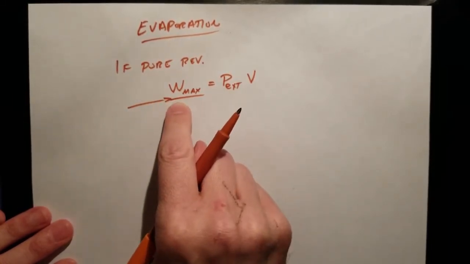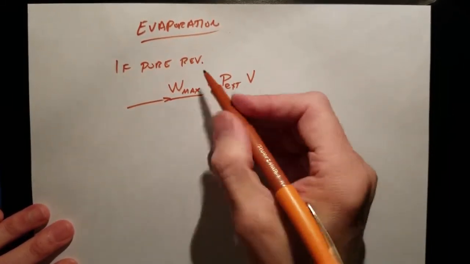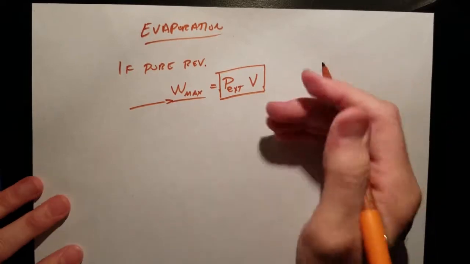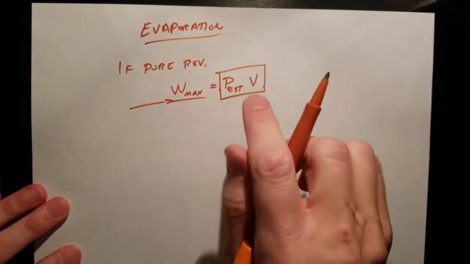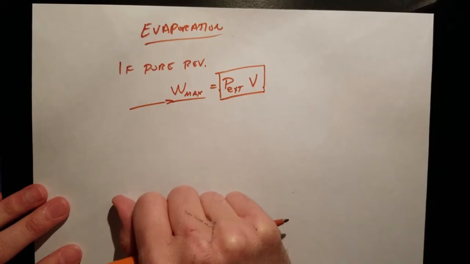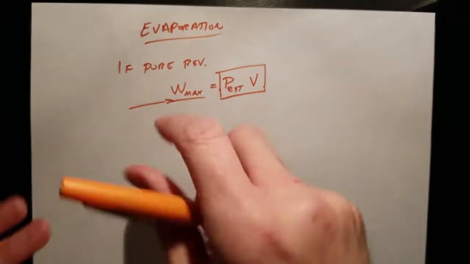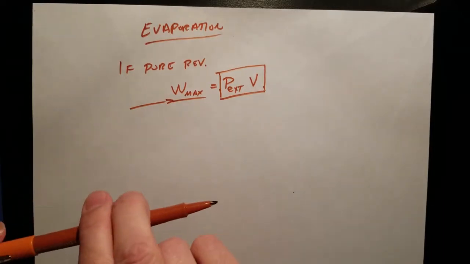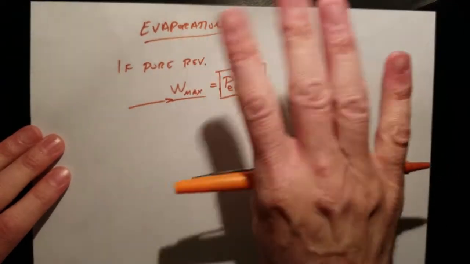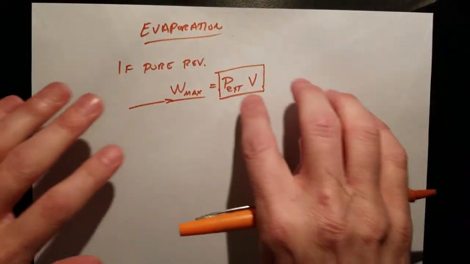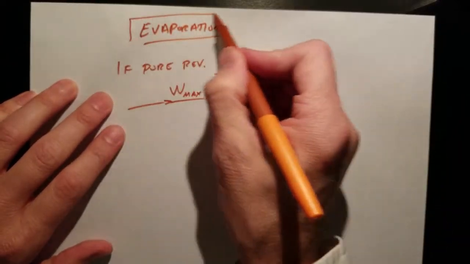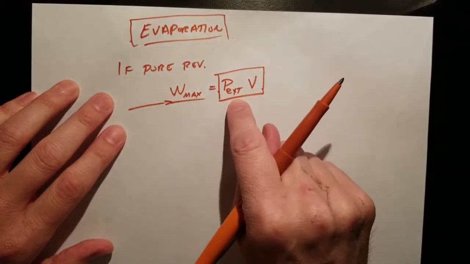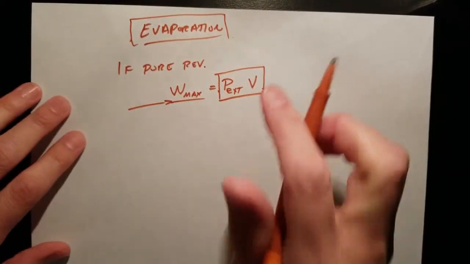You'll see where this comes from later. But nonetheless, it's just basically saying that the work that occurs is the pressure times the volume. And this notation bothers me a little bit because it's counter to what you may think of when you think about pressure volume work, because you expect there to be some change in pressure. We are pretty much preconditioned from observing the world to expect a delta P. But let's just say that there is no change in pressure, but we still witness evaporation. Well, the work being done in this evaporation is PV.